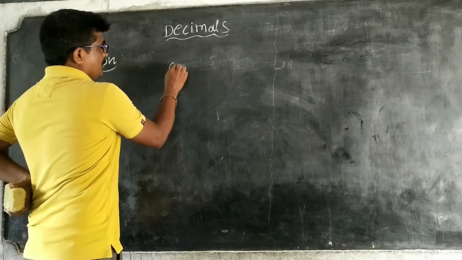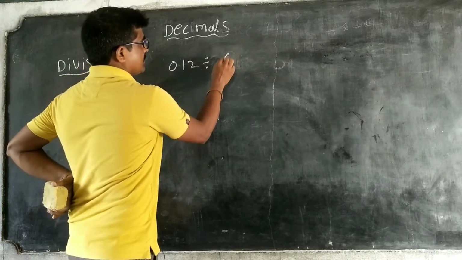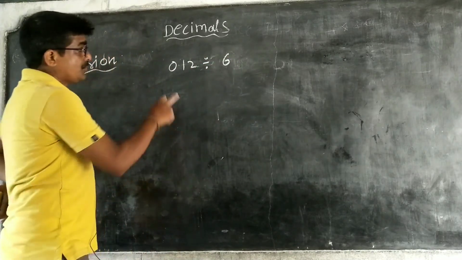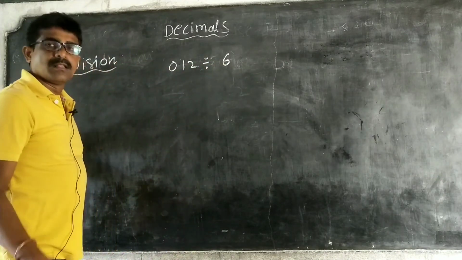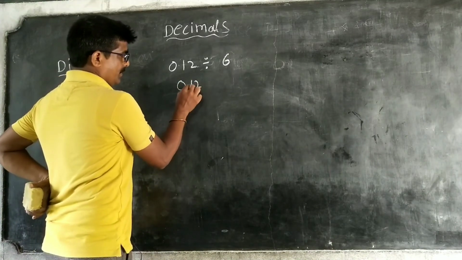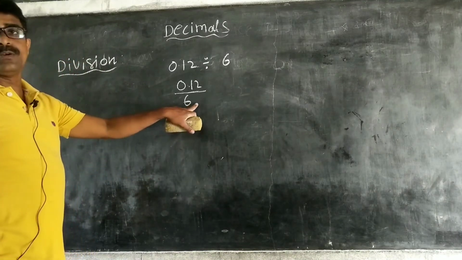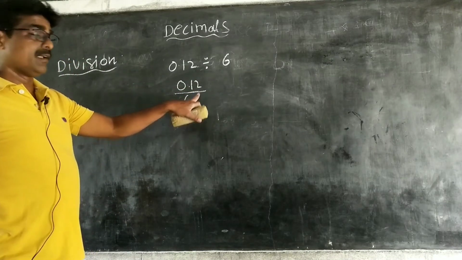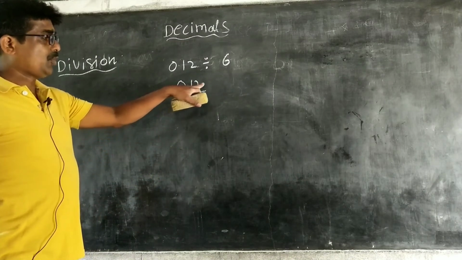So 0.12 divided by 6. How do we do it? Simple, regular. 0.12 divided by 6. But in the denominator there are no decimals, while in the numerator there are decimals. Our numerator has 2 decimals.